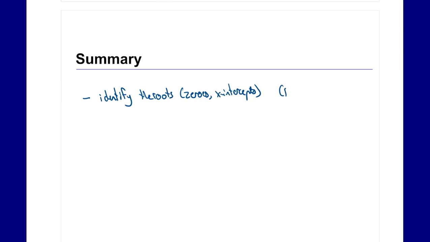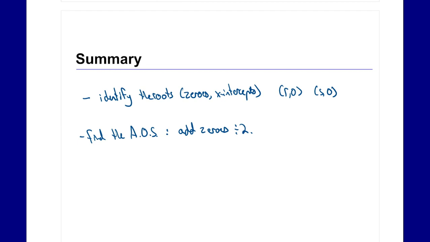From the function, that'd be r and s. Once we identify the roots, next we have to find the axis of symmetry. And the way we do that is we add the zeros, or the x values, and then we divide by 2.